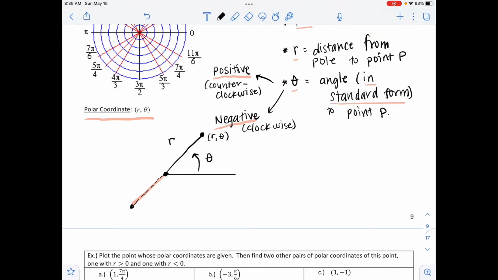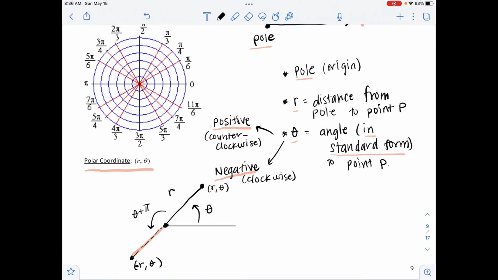This would also be a length of r, but because we reflected it through, instead of a positive r value, it would be a negative r value, comma theta. And so in order to think about this, you would have taken your theta and added 180 degrees or pi to it. So to do this, we did theta plus pi.